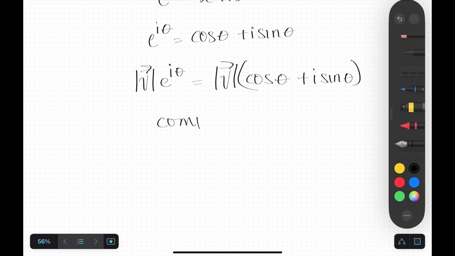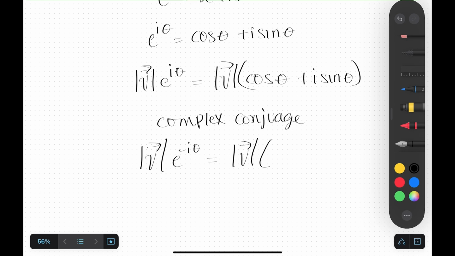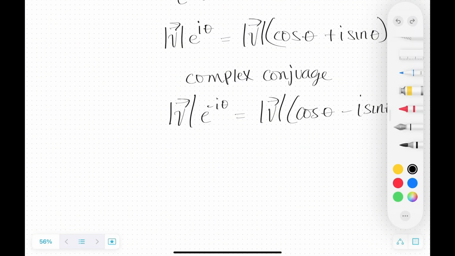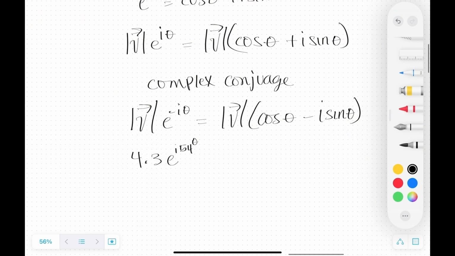The complex conjugate of e to the power of i times theta is e to the power of negative i times theta. So that would be equal to cosine of theta minus i sine theta. So our previous vector can be written as 4.3, which was the magnitude, times e to the power of i times 54 degrees.